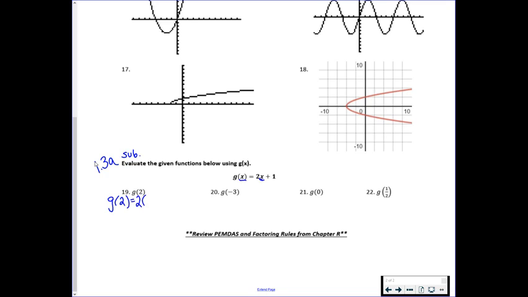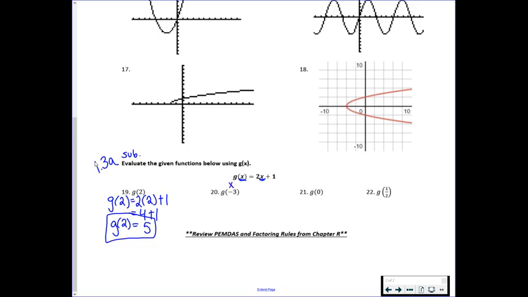Remember, in place of the x, I'm going to put whatever my x is, which is 2, plus 1, and simplify. 2 times 2 is 4, plus 1 is 5. So g of 2 is equal to 5. It's just purely plugging that x value into our function.